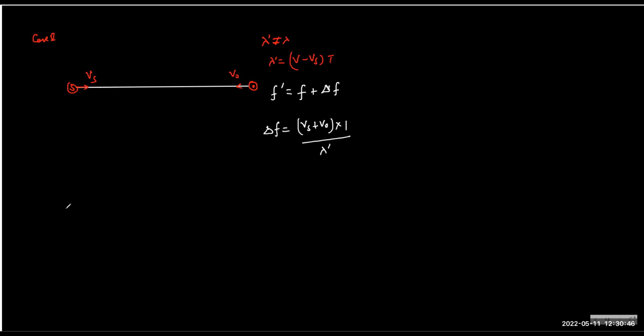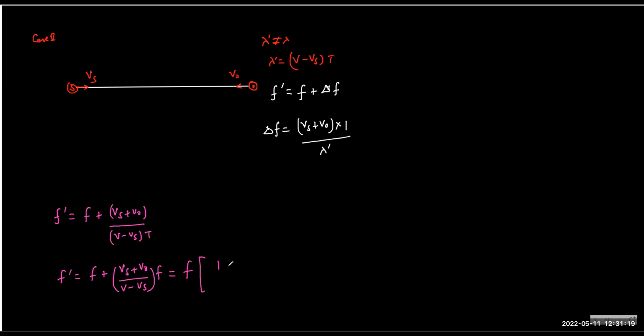So now F dash will be equal to F plus (Vs plus V naught) upon (V minus Vs) into T. Okay, so we got the answer as F plus... you can take F common.